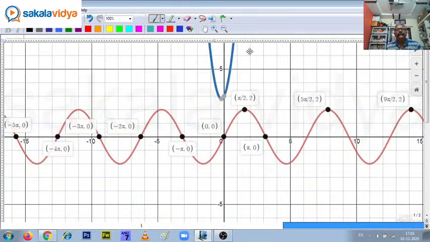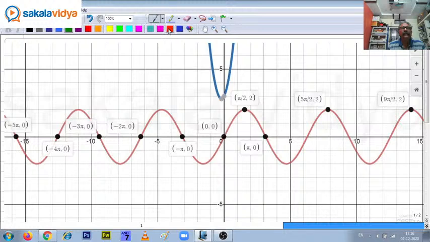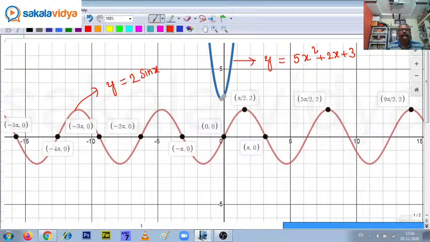So this is the graph, you see it now. This is the graph of y equals to 5x square plus 2x plus 3. This is the graph of y is equal to 2 sin x. This is the x-axis. This will be the y-axis. This is the origin 0 comma 0.